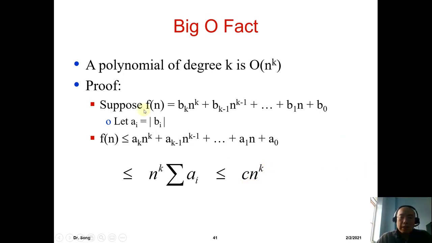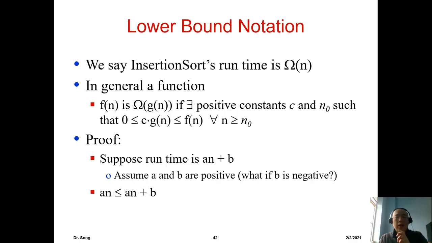So f(n) is guaranteed to be smaller or equal to C n to the k. So this polynomial is O(n to the k), and the process is exactly the same.